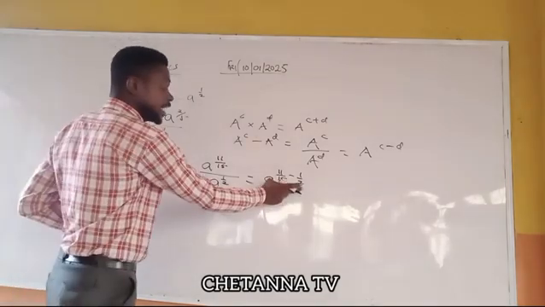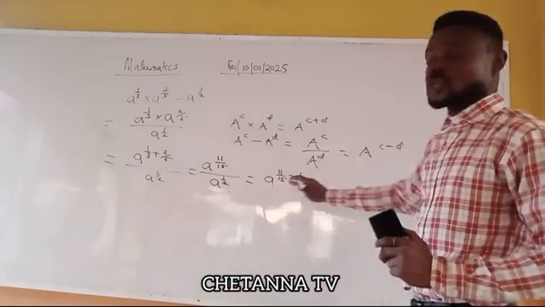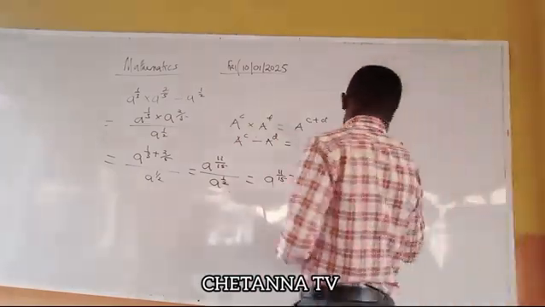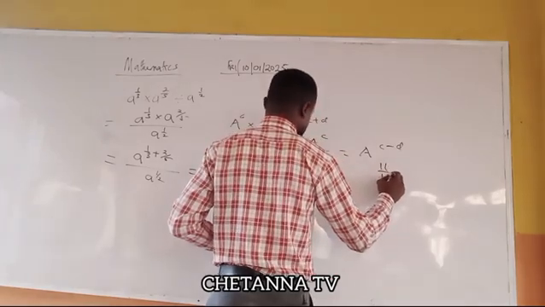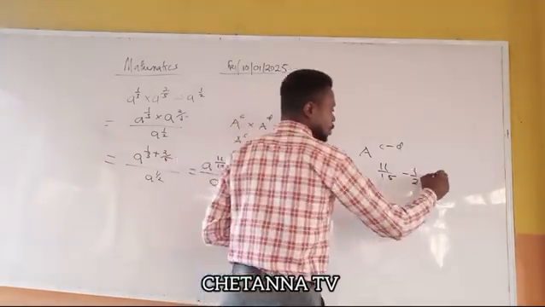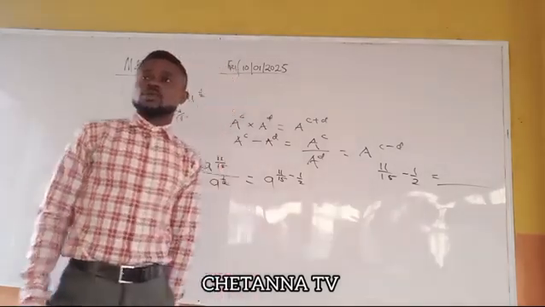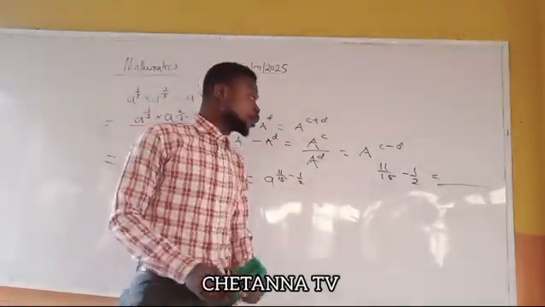So we now solve this fraction and get the answer. 11 over 15 minus 1 over 2. What is the LCM of 15 and 2? What is the common multiple?